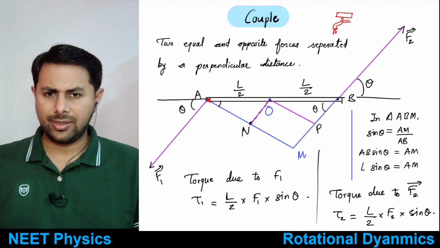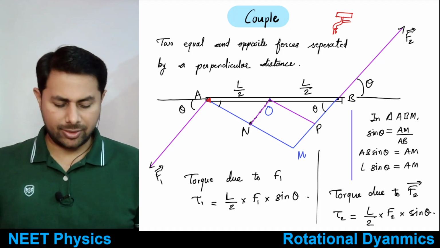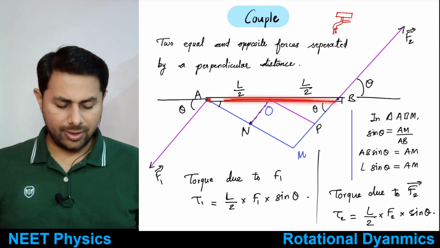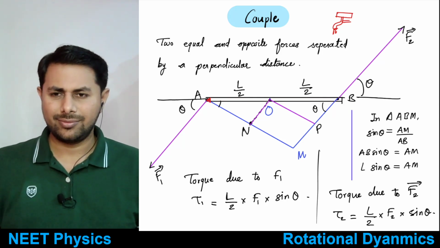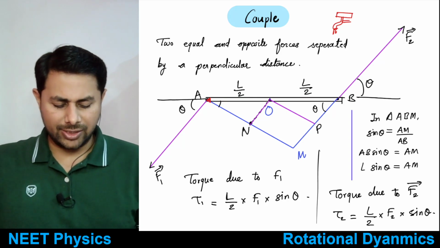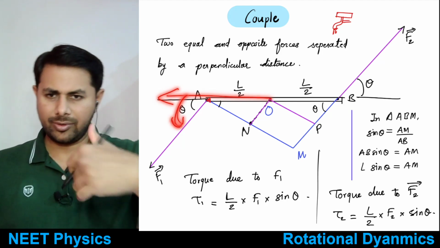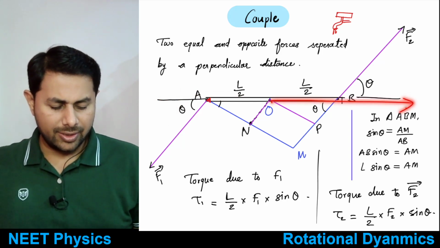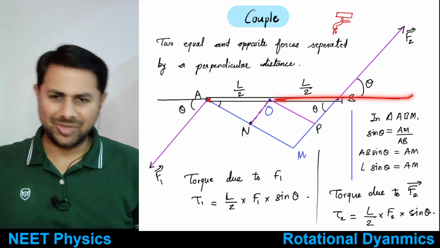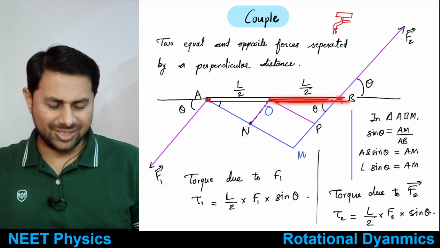Okay, is this thing clear? And how will they rotate that body? That body means that rod. How will this rod be rotated? In anti-clockwise sense. So you can check that this is R, this is F, R cross F will give anti-clockwise rotation, right? Again, this is R. R is not this much, I am just drawing the direction. R is this much only. It is exerted at this point.